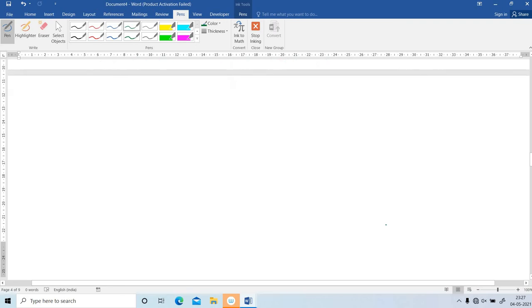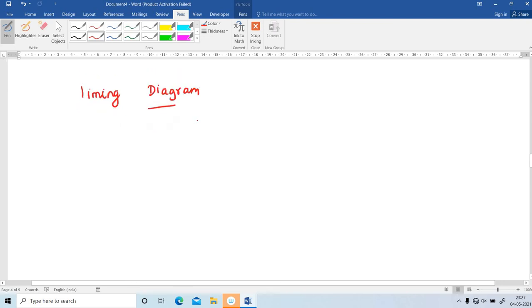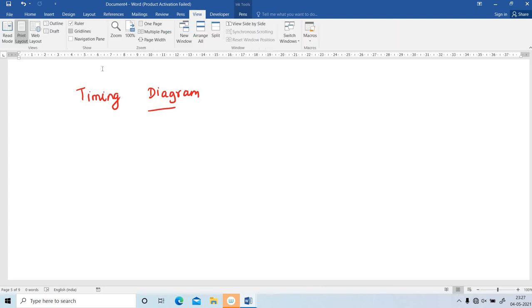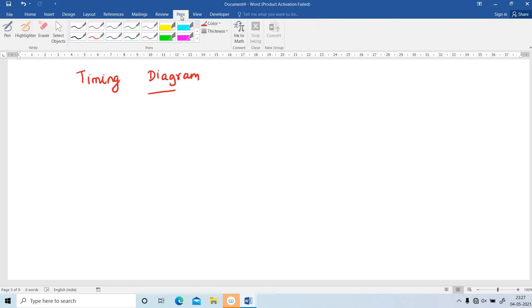After finishing the state diagram, I am going to explain how to draw the timing diagram for SR flip-flop. Timing diagram. To draw the timing diagram, what are the parameters I am going to take? The parameters I am going to take are S, R, clock, then the next state Qn plus 1.